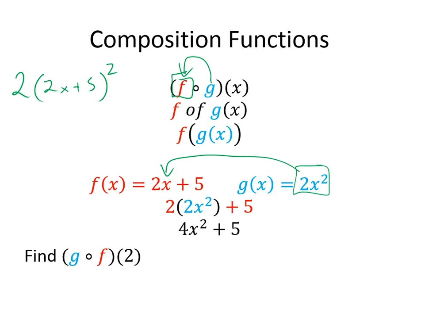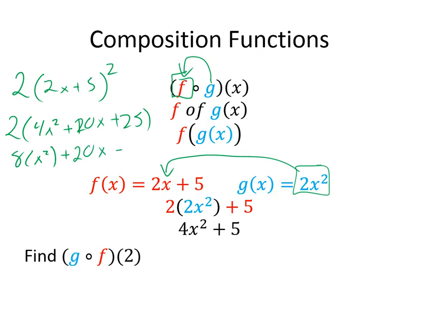You will FOIL this, which will get you a 4x squared plus 20x plus 25, and that's just from foiling. Distribute this in, 8x squared plus 20x plus 25, and then plug the 2 in for the x's.